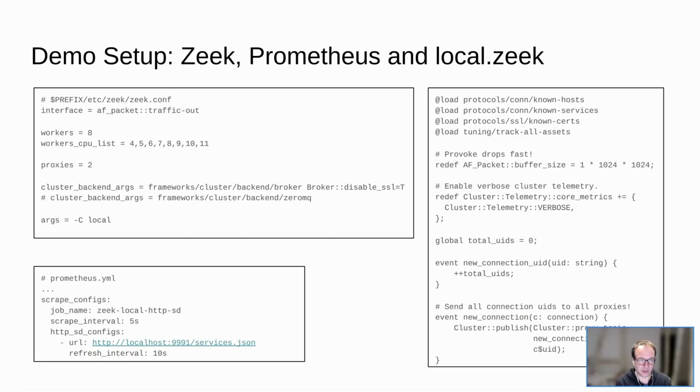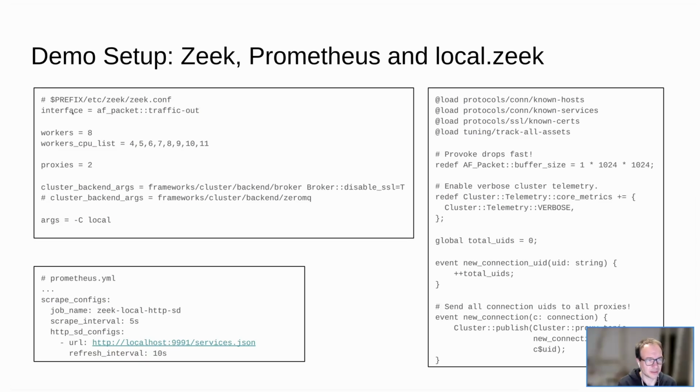So for the demonstration, this is a bit too much to go into detail, so I'm not going to use zeekctl. I'm using something that is new in 8.1, which only works for a single machine at this point. So there's a zeek/zeek.conf file, and it should be fairly self-explanatory.